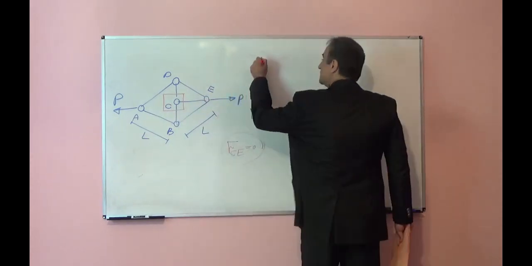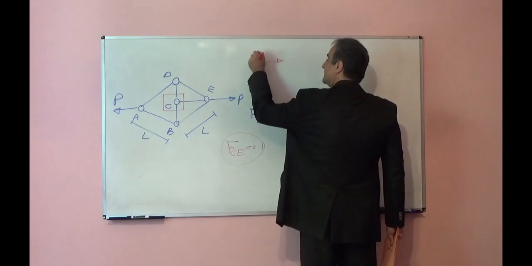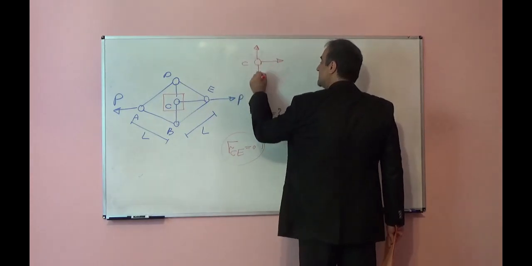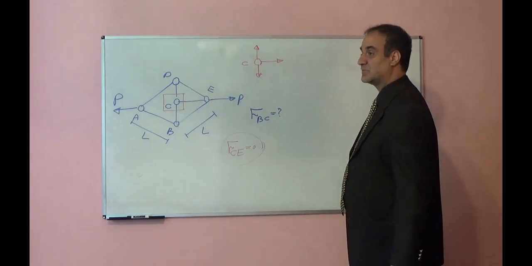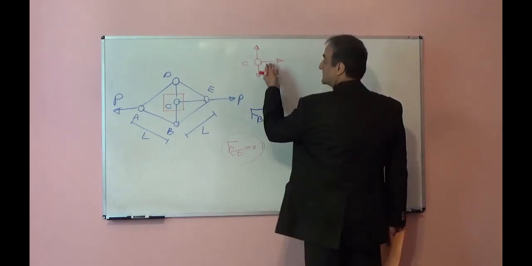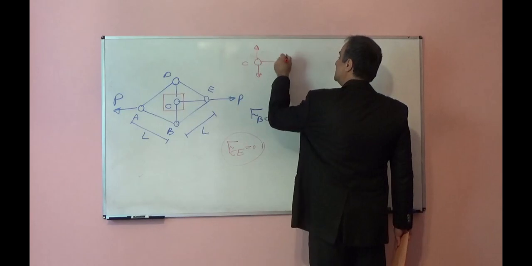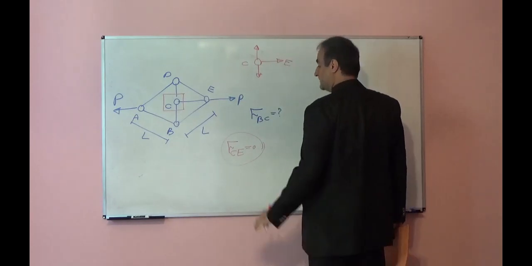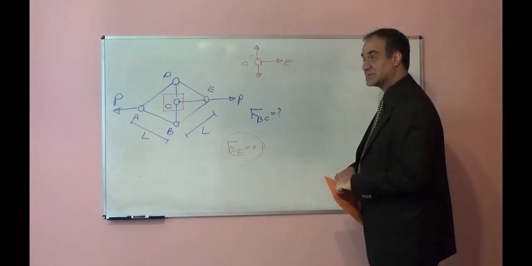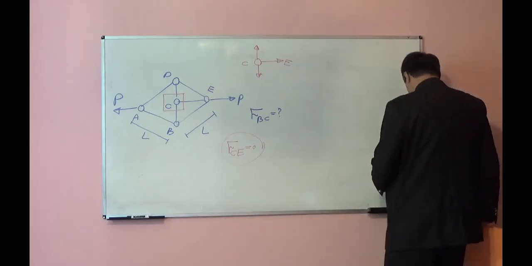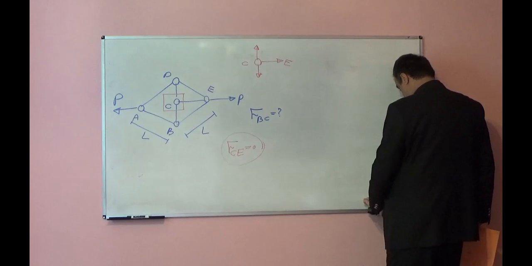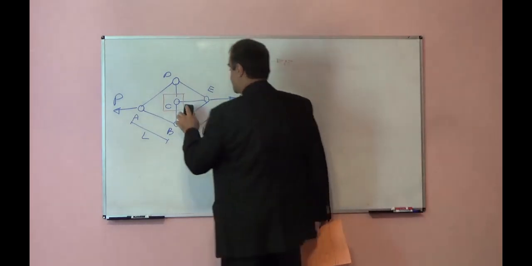Or if you look at the free body diagram, if you cut joint C, and write summation of force in the horizontal direction is equal to 0, FCE will be equal to 0 because there is no external force in that direction. So if that is equal to 0, I can remove that member.